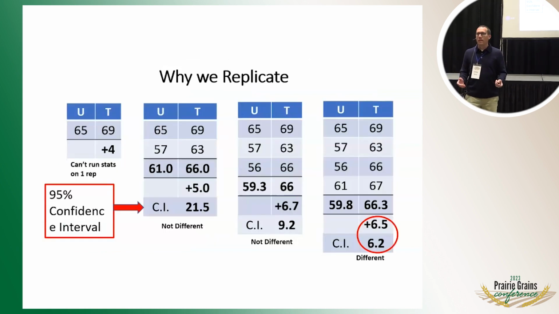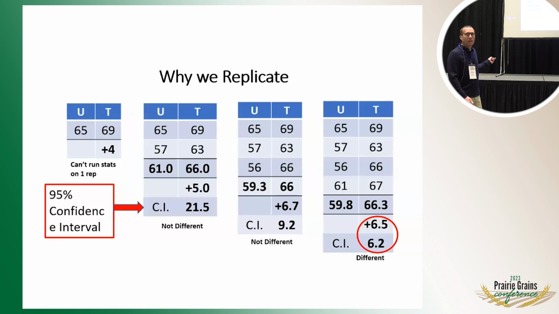One of the hardest sells usually when we first start working with people is replication. People usually just want to do one side-by-side comparison, and that's done a lot out there. But the problem with doing that is we can't really run a statistical analysis on that. Say we have a 4-bushel yield response.